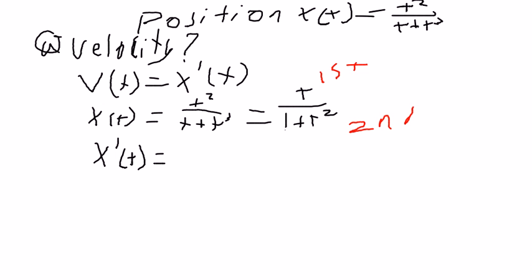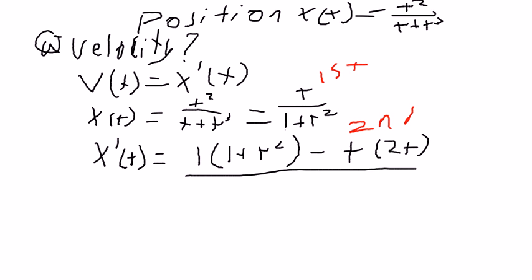We want to find the derivative of the first, which, since it's just t, is going to be 1. 1 times the second, 1 plus t squared, minus the first, t, times the derivative of the second, which is going to be 0 and 2t, over the second squared.